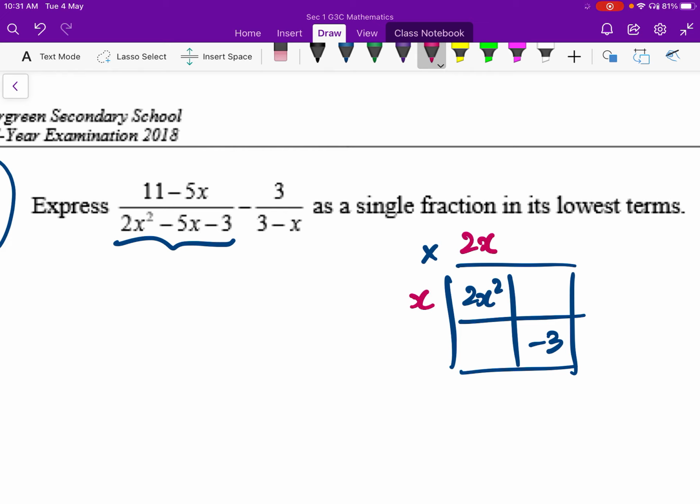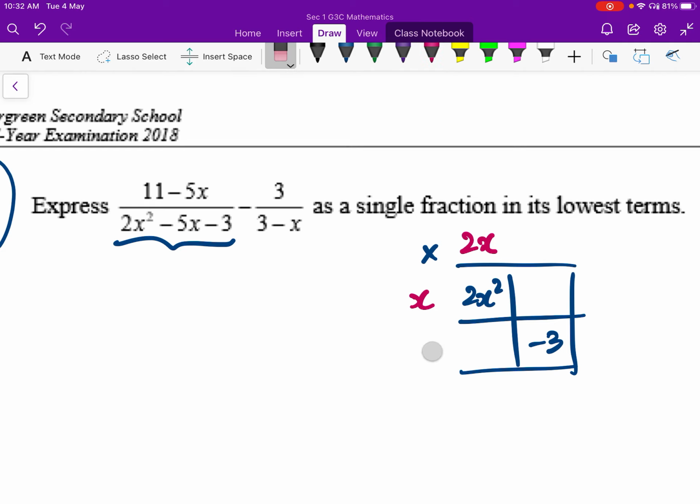Standard. Nothing we can change over there. Now, we need the factors for negative 3. If we forget about the negative sign, it is either 1, 3, or the other way around, 3, 1.